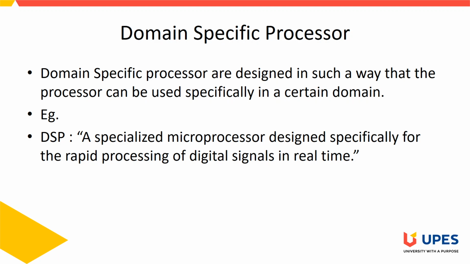Digital signal processing chips are specialized microprocessors designed specifically for the rapid processing of digital signals in real time. So DSP is one example of domain specific processors. The instruction set of this DSP is designed in such a way that it can process digital signals in a very fast and real time manner.